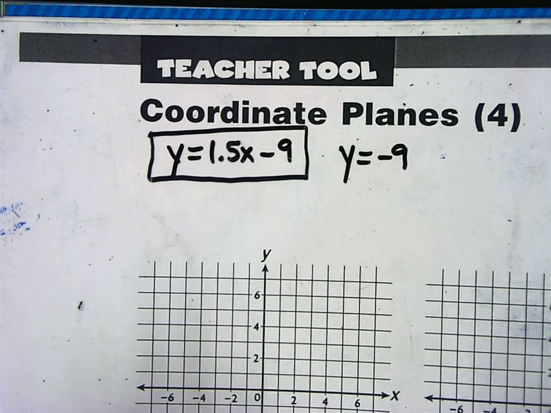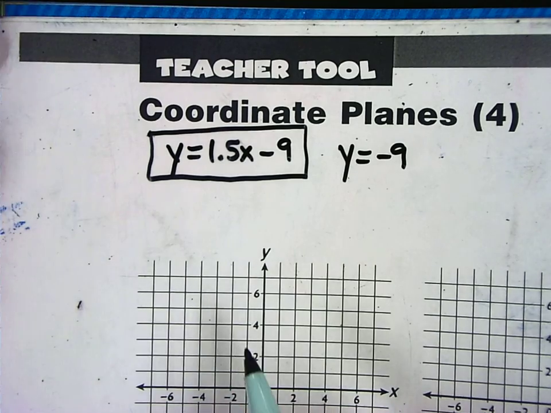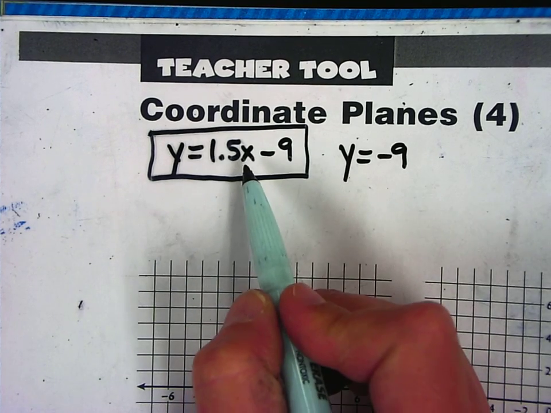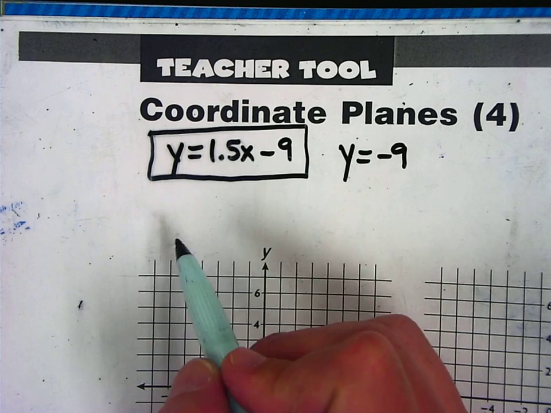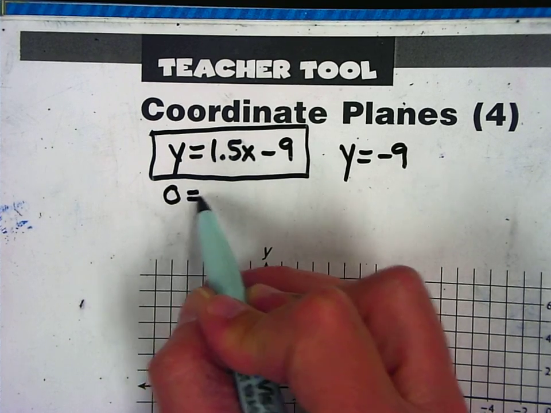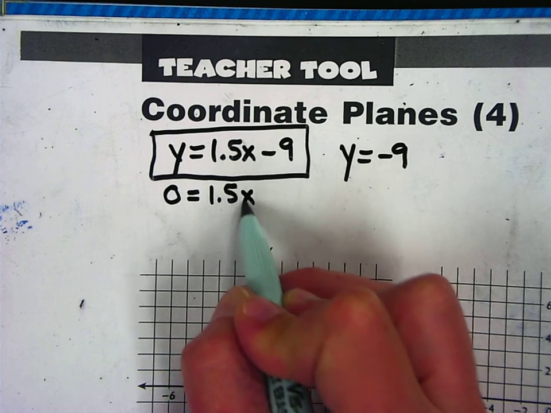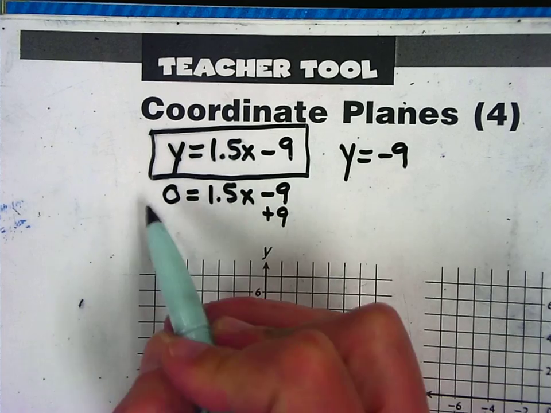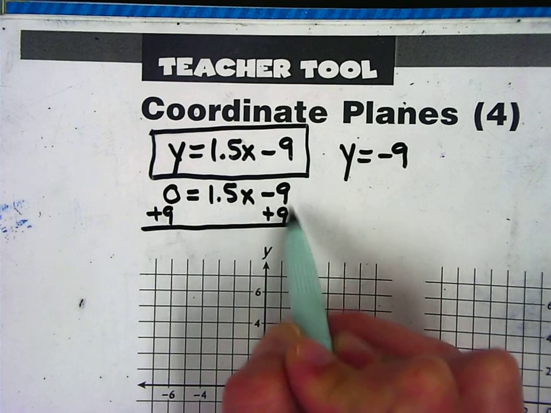In order to find an x or a y-intercept, you plug in 0 for the opposite letter. Since I'm finding the x-intercept, I'm going to plug in 0 for the y and solve. So 0 equals 1.5x minus 9. Before I can divide, I need to move my 9 over to the opposite side.